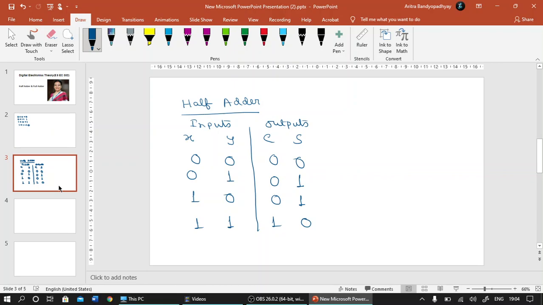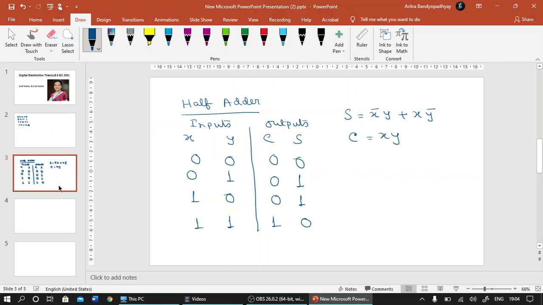The simplified Boolean expressions for the two outputs can be obtained directly from the truth table. The simplified sum of products expressions are S equal to x complement y plus x y complement. Similarly, for carry, C equal to x y.